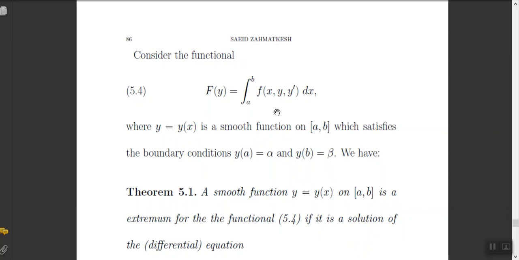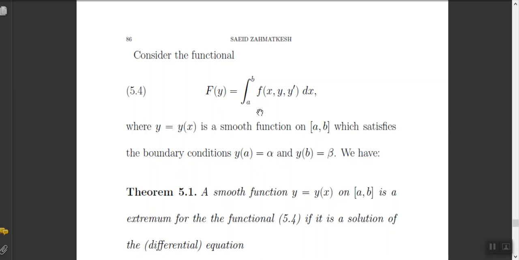What we want to do is this. We want to find a smooth function y which minimizes the value of this functional, subject to these two boundary conditions. The solution may not be unique, but when we consider the boundary conditions, the solution will be unique.